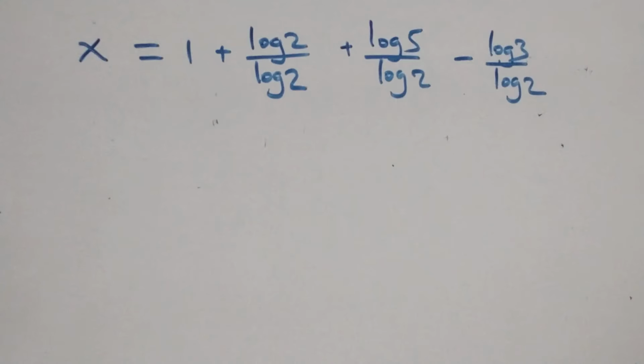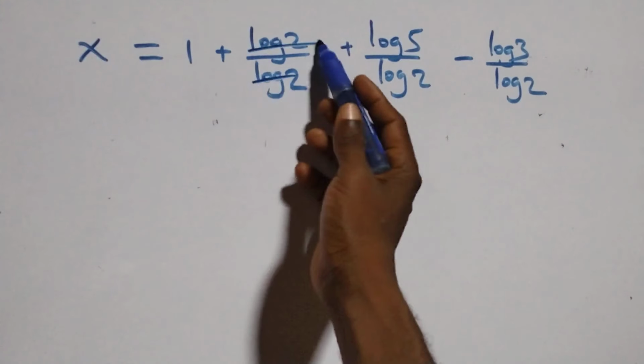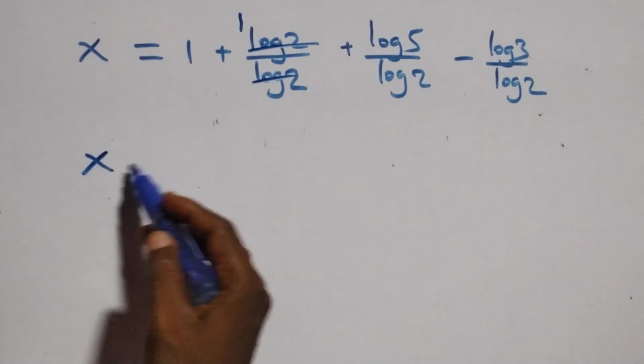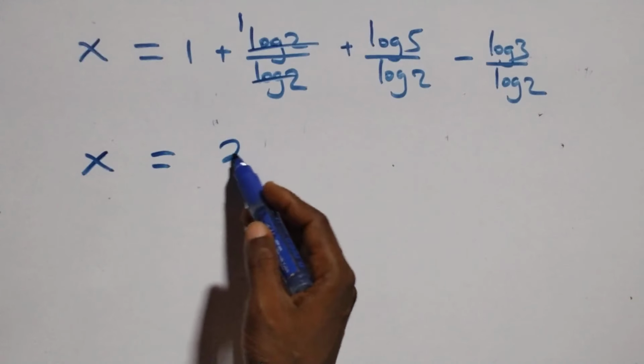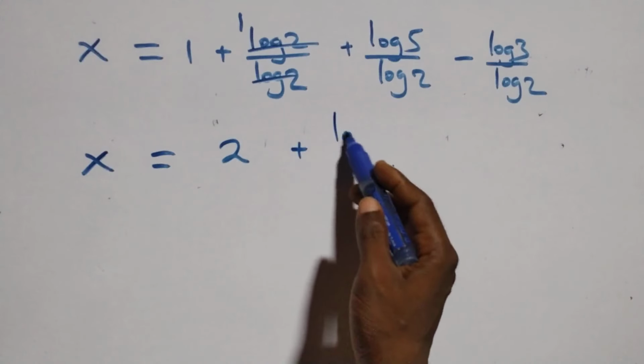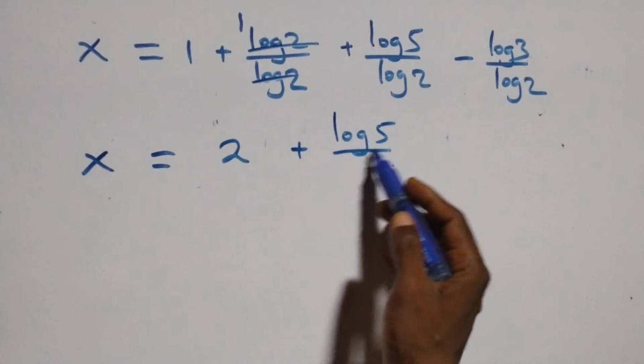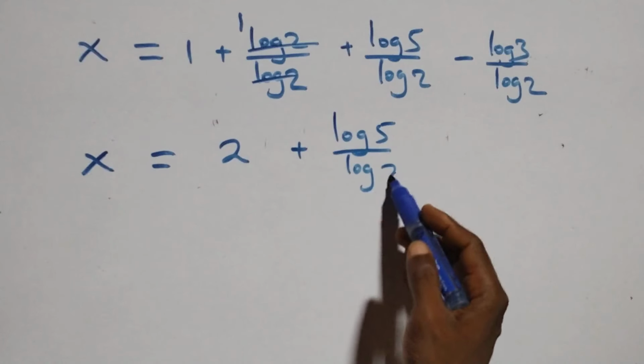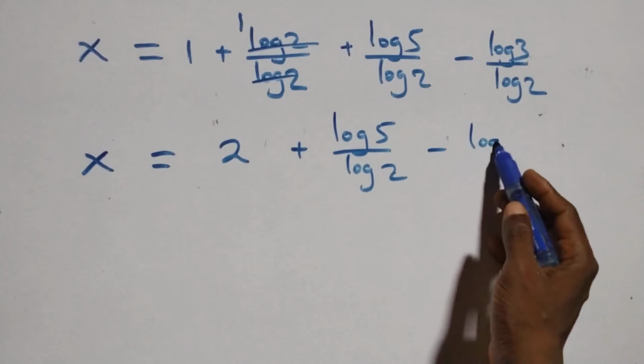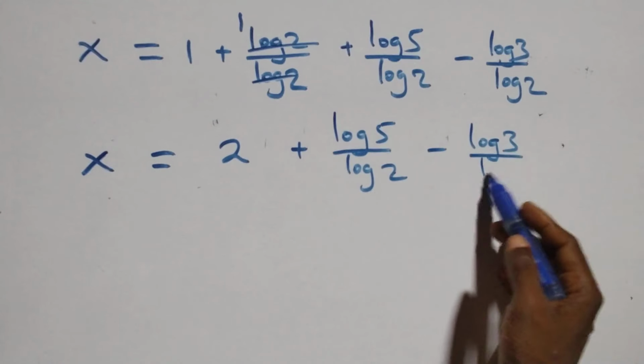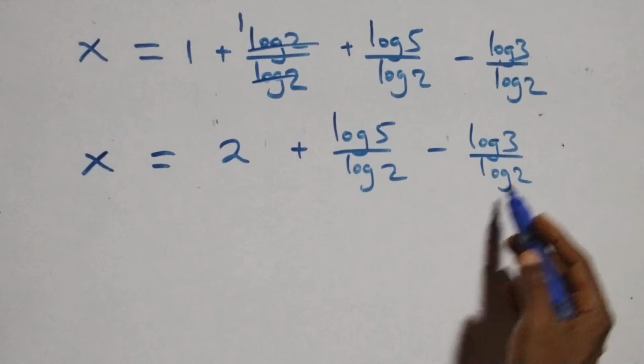Then, also here we have log 2 cancel each other, 1 left here, and we have x equals to 1 plus 1, that's 2, plus log 5 over log 2 minus log 3 over log 2.